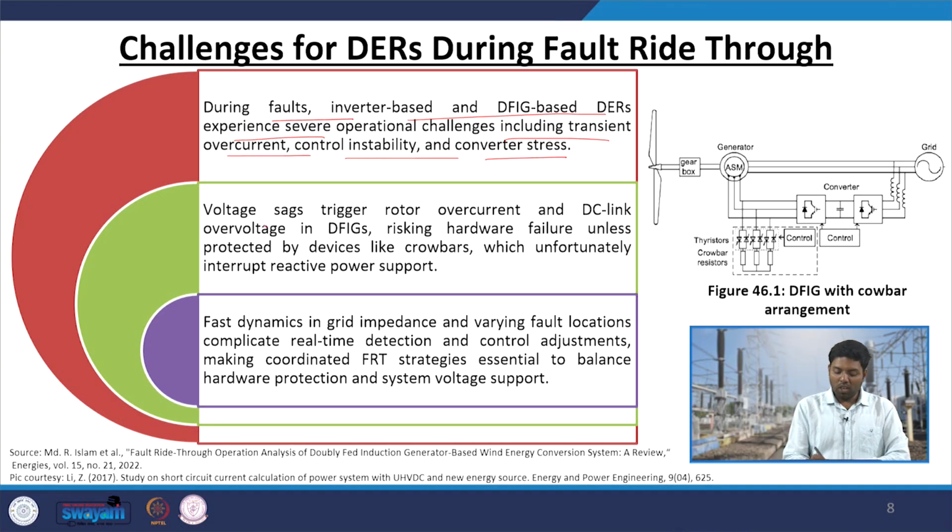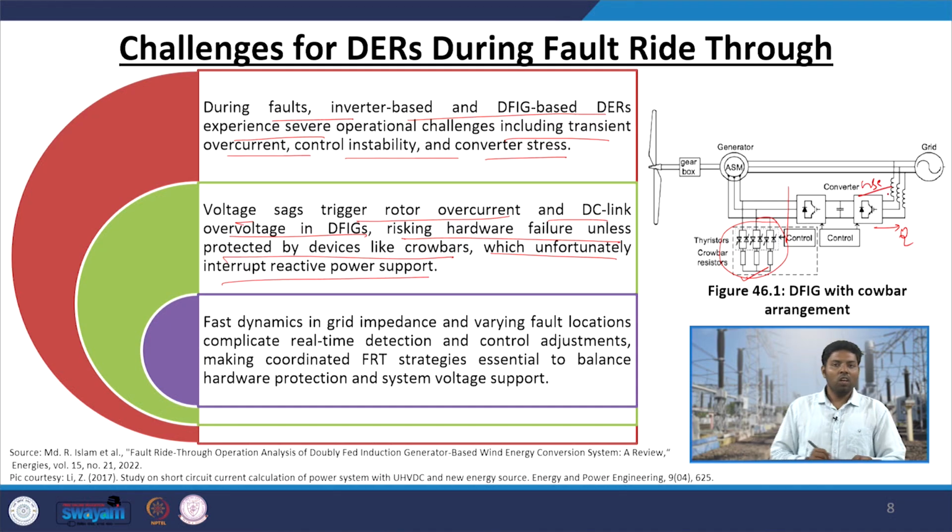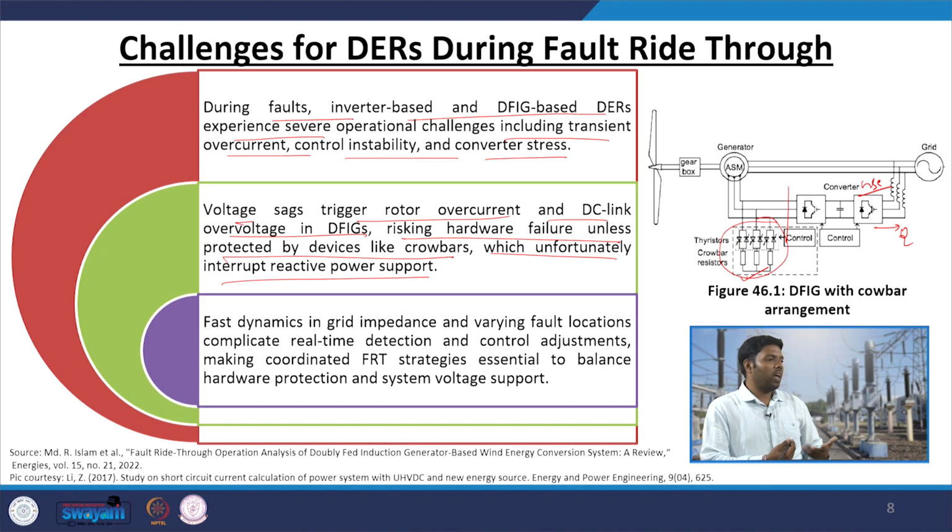Voltage sags trigger rotor overcurrent and DC link overvoltage in DFIG, risking hardware failure unless protected by devices like crowbar, which unfortunately interrupt the reactive power support as well. If you cut this portion and mitigate the high rotor current through this crowbar, then what will happen? You are not even getting the Q supply from the grid side converter, so you are not getting fault ride through operation.